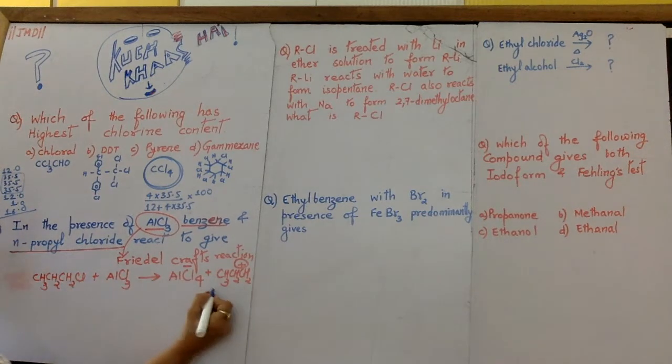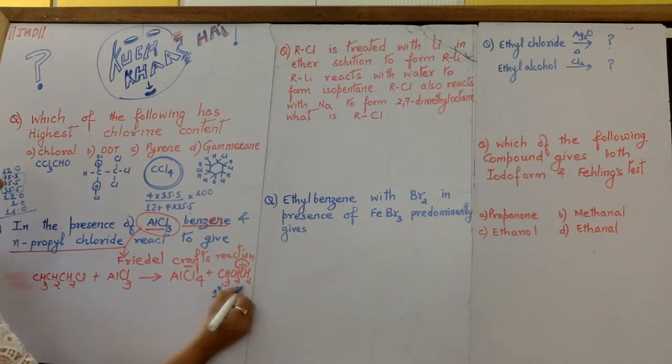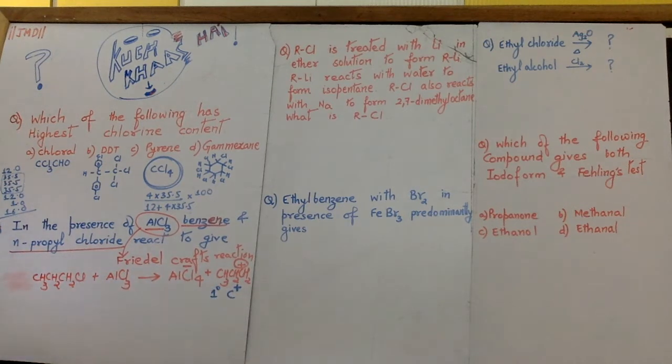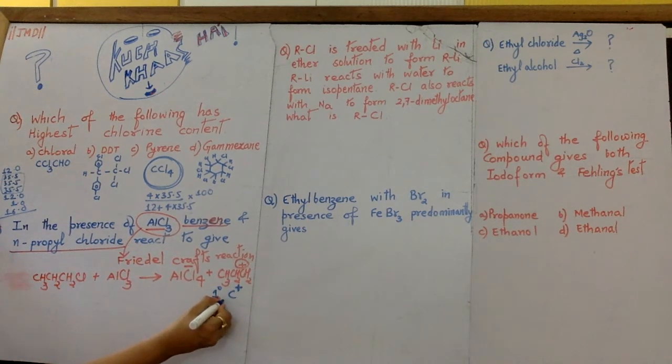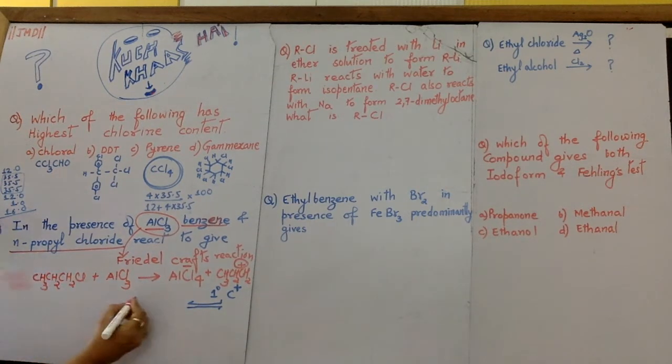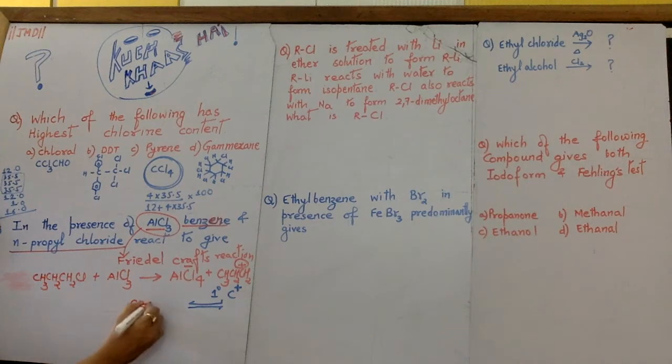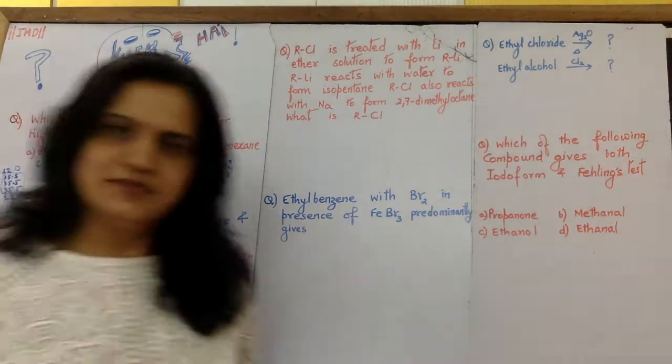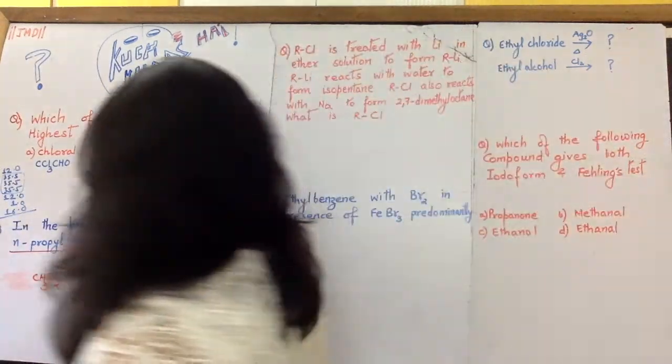Now this is a 1 degree carbocation. You know 1 degree carbocation is less stable than 2 degree. So this immediately interchanges into a 2 degree carbocation, which is isopropyl carbocation. This is formed. Now rest is very simple.